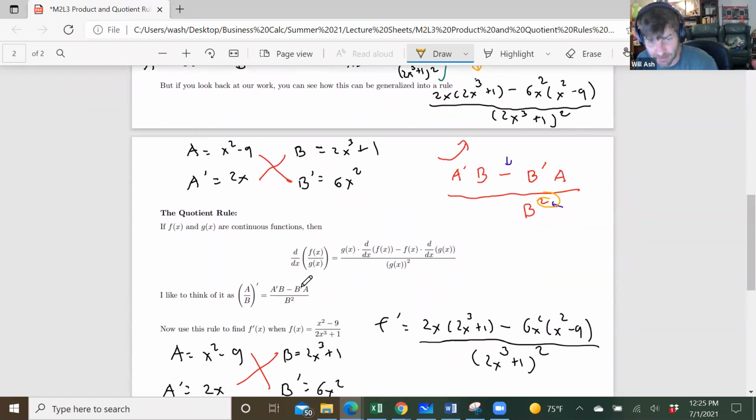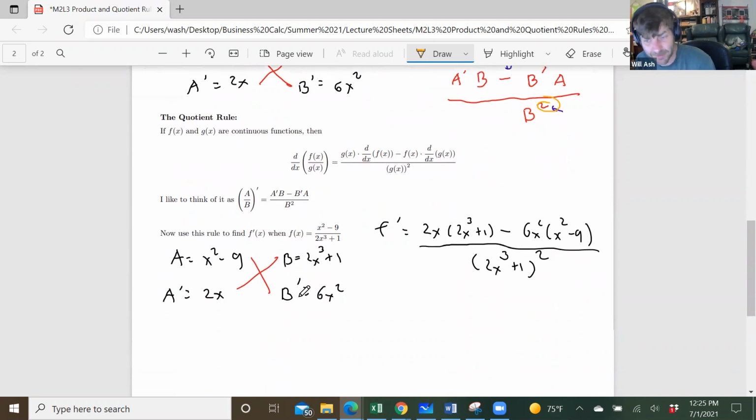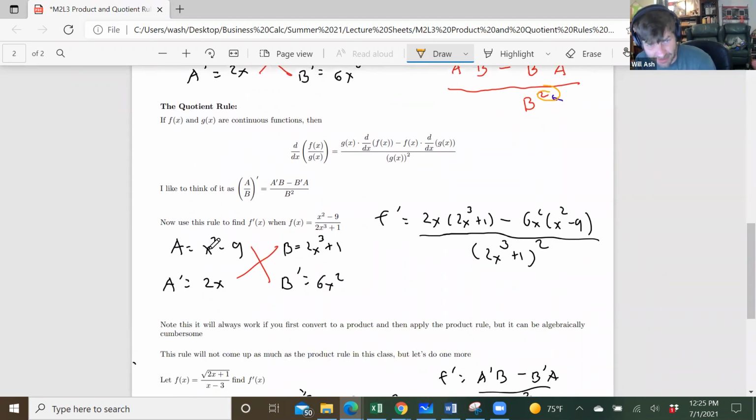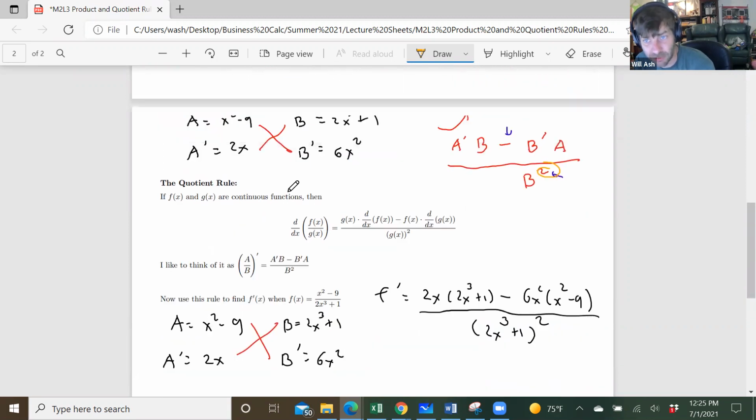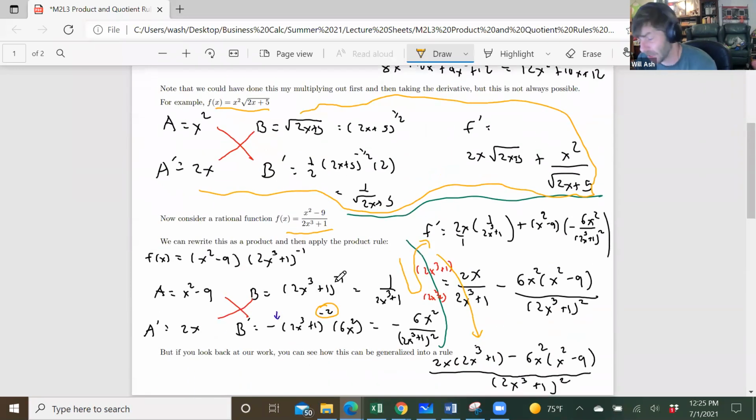A prime B minus B prime A over B squared. And you see, that's exactly what I did here. I listed my A, I listed my B, because I have A in the numerator, B in the denominator, and then just found all my business and put it in here. So this is really the actual way to do this problem down here. I guess I was just motivating where you're getting this quotient rule from by doing it out as a product. But it's not necessarily how you want to do it.